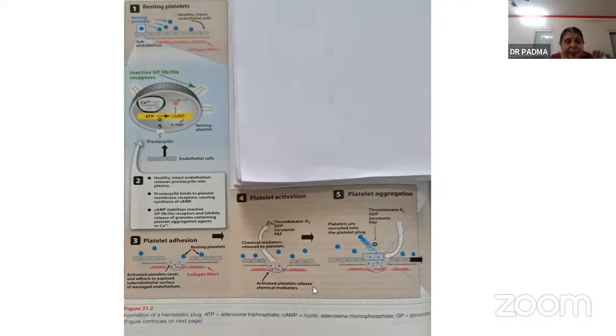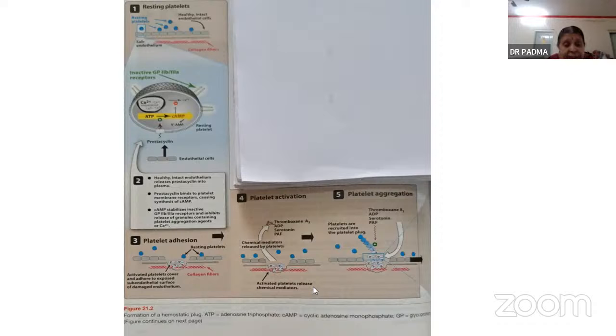The resting platelets have these in the subendothelium, which are healthy, intact, and in the endothelial cells, and collagen fibers are also formed, and they also inactivate these GP2B3A receptors in the resting platelets, and also the mechanism from ATP to cyclic AMP, and also the calcium release is taking place, and the prostacyclin in the blood vessels and the blood vessel wall of the endothelial cells.